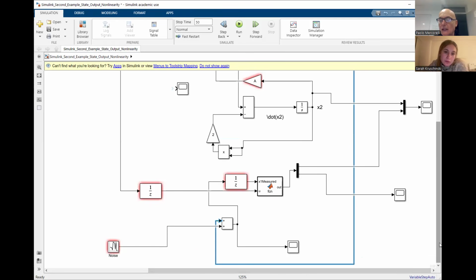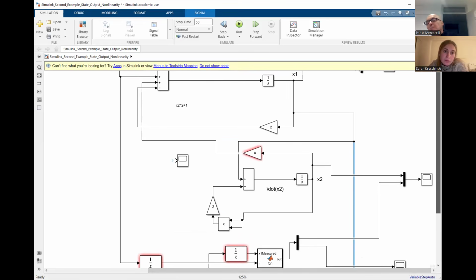You remember exactly what I told you, as an output variable, but this variable is an output equation also. You remember z equals h of x. I measure z, but z is x1 in our case, which is also an output equation. Let me come back to the MATLAB workspace.